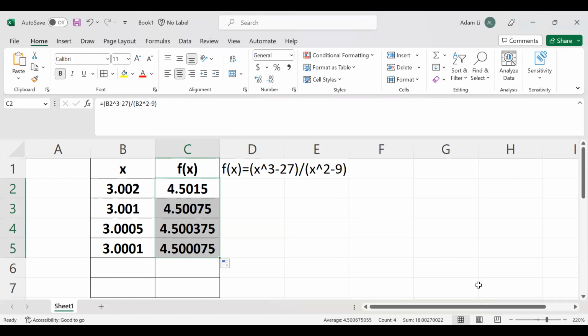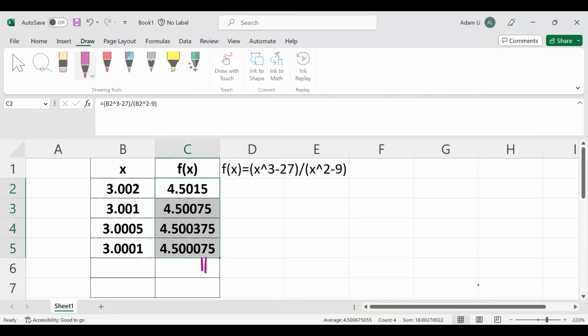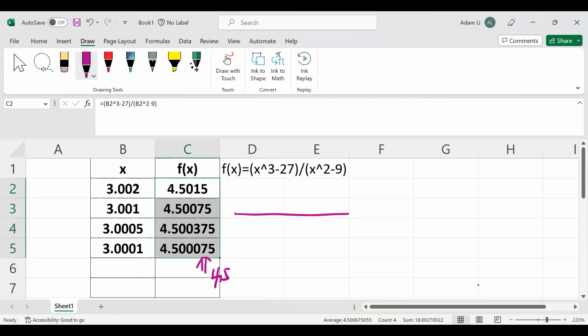As you can see, this is approaching 4.5. Say 3 is here. Now we approach 3 from the right, and the limit when x approaches 3 from the right is 4.5.